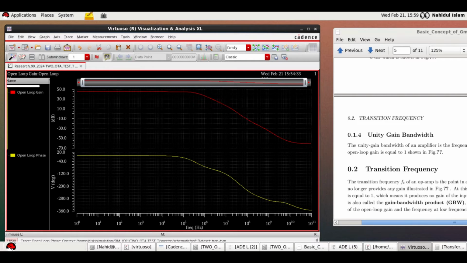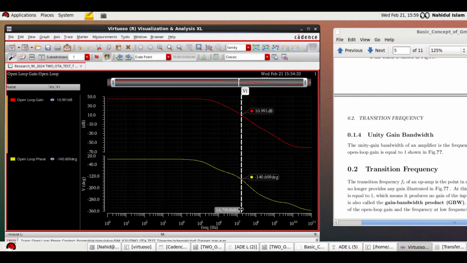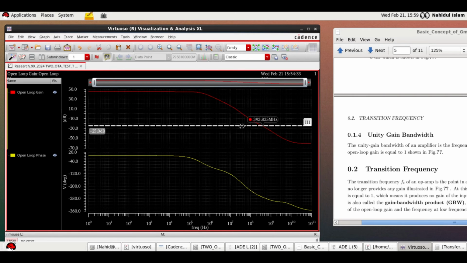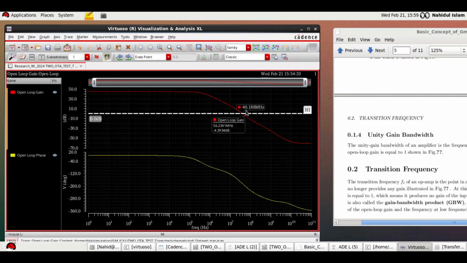Let's click on G, H, then set to 0 dB. At 0 dB, the frequency is approximately 40 megahertz.